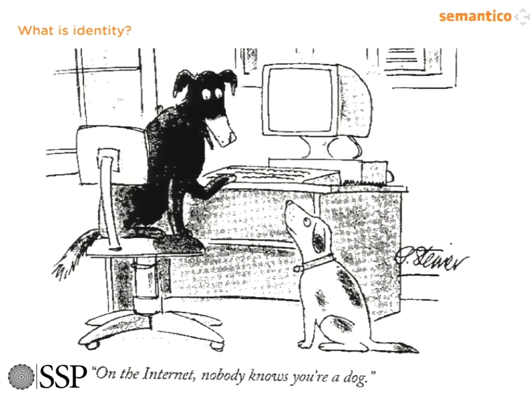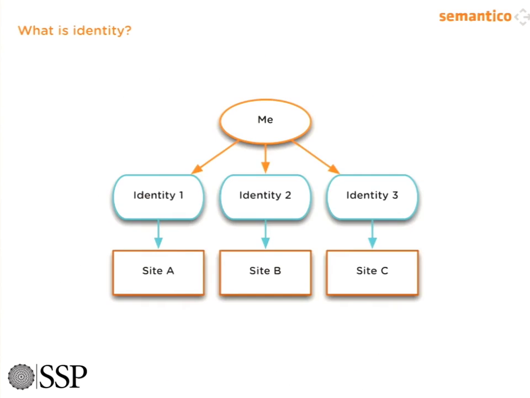So what is identity exactly? Let's not get too philosophical about this. For our technical purposes, what I'm interested in is that you may have several identities, and those identities are really just what I'm going to call sets of attributes. Attributes could be things that tell you my name, or my email address, or my shoe size, though you probably don't want to know that, but that's all attributes.